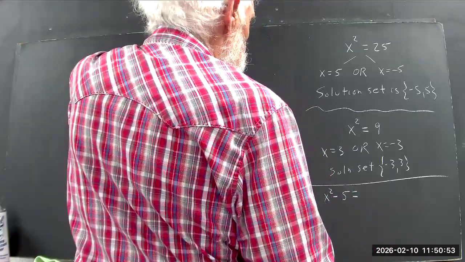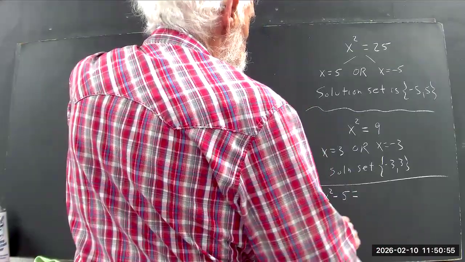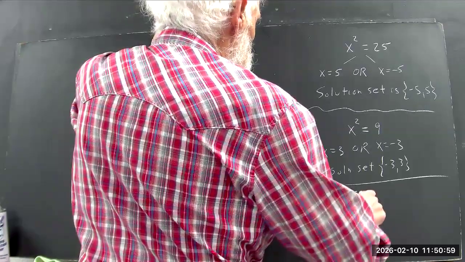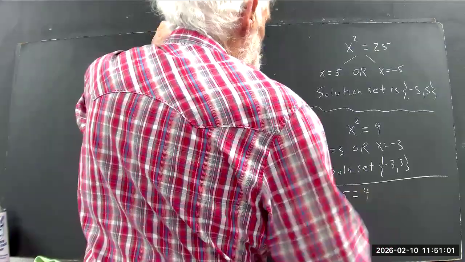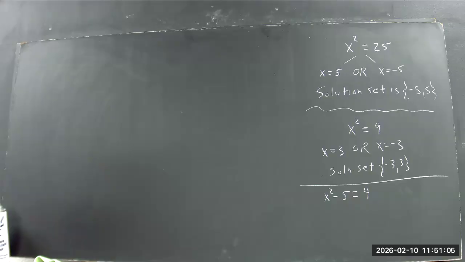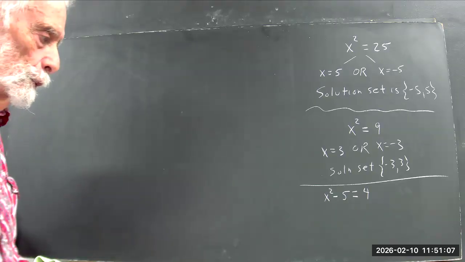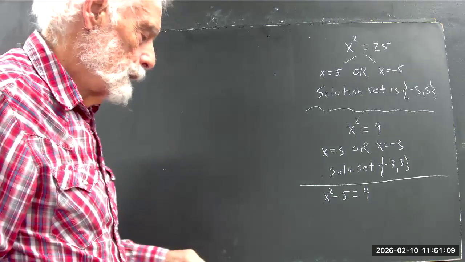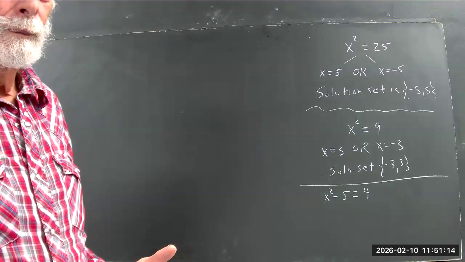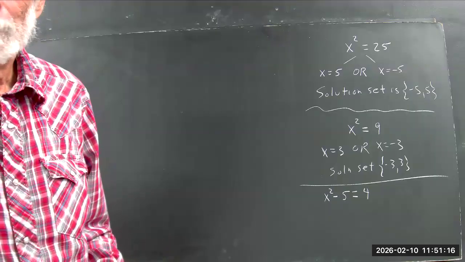x squared minus 5 equals, let's say, 4. Walk around and look at what you're doing this time, but write it out, think about it, but not for too long.